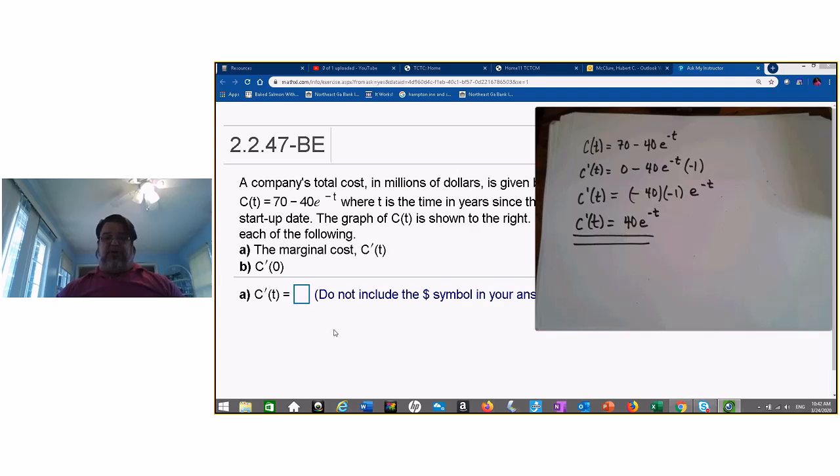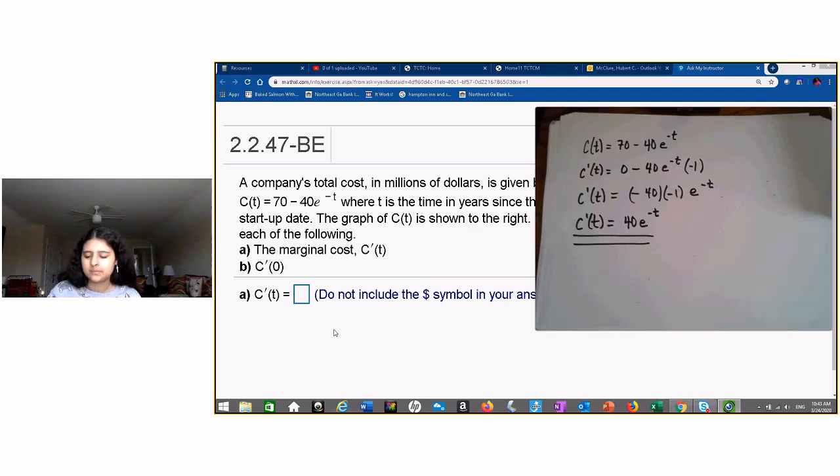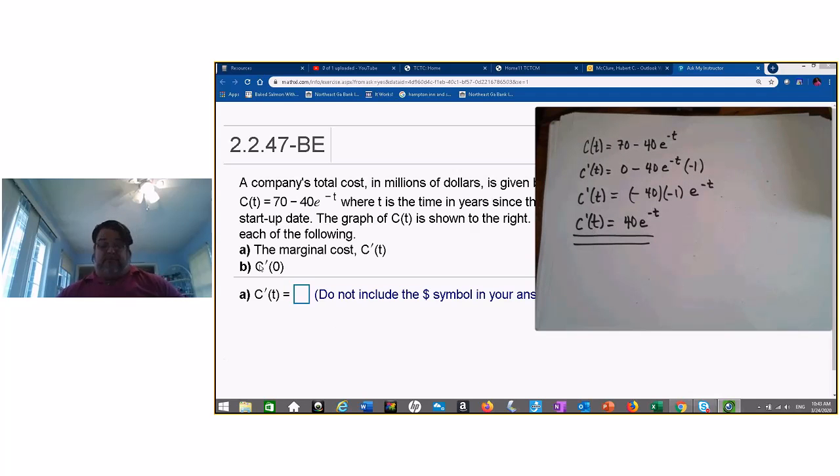Tell me when you see the double lines. Okay, so now what do you do to find B? Plug in 0, Hubert.